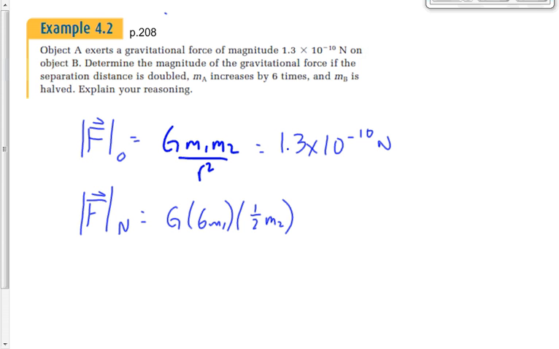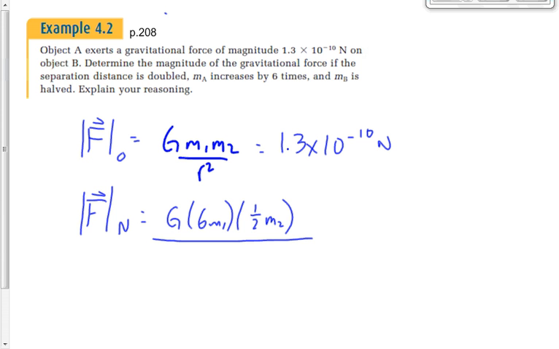So the force is still going to be the constant times the mass over the distance squared, but the mass is no longer m. We just called it m before. Now if it was m, now it's 6m. If it was m2, now it's 1/2 of m2, because we've changed its value. Does that make sense? This is just as valid. Force of gravity can still be this.